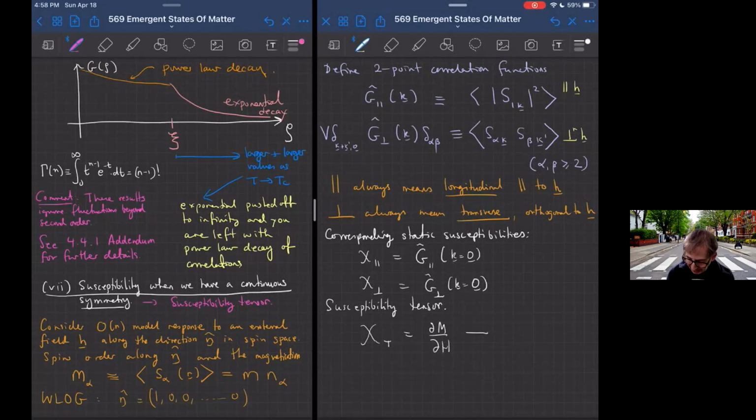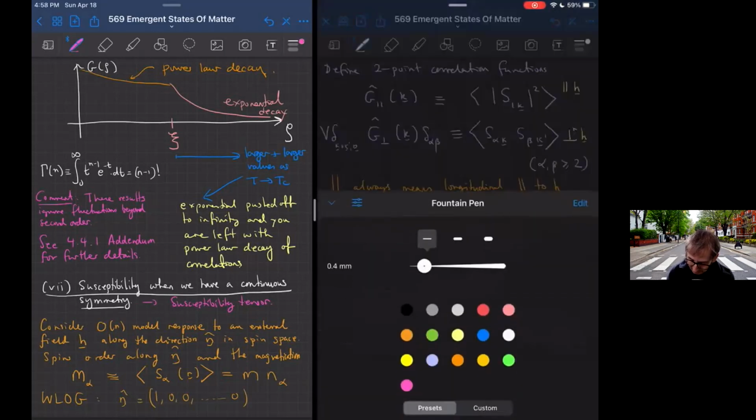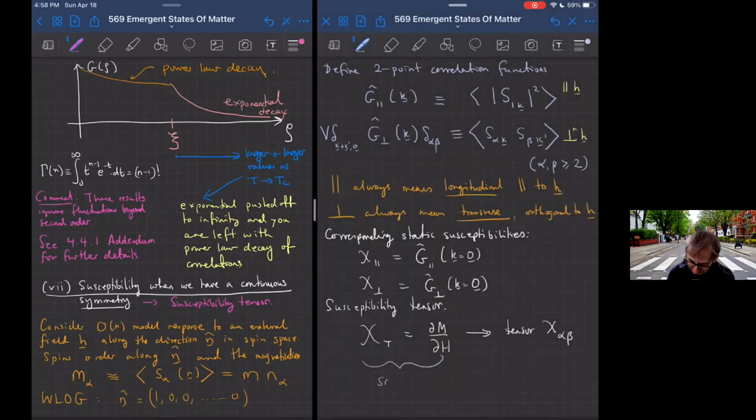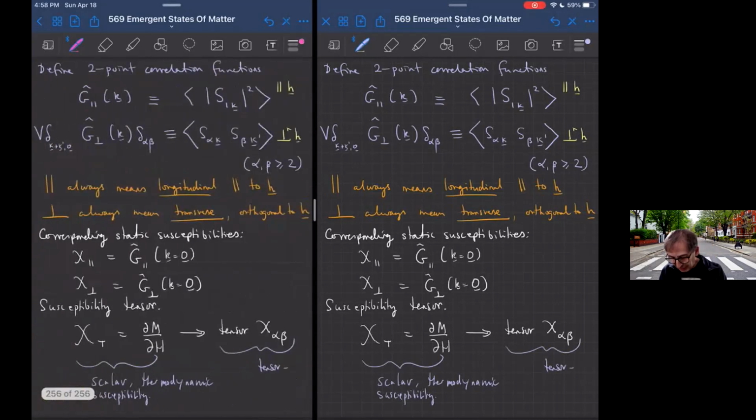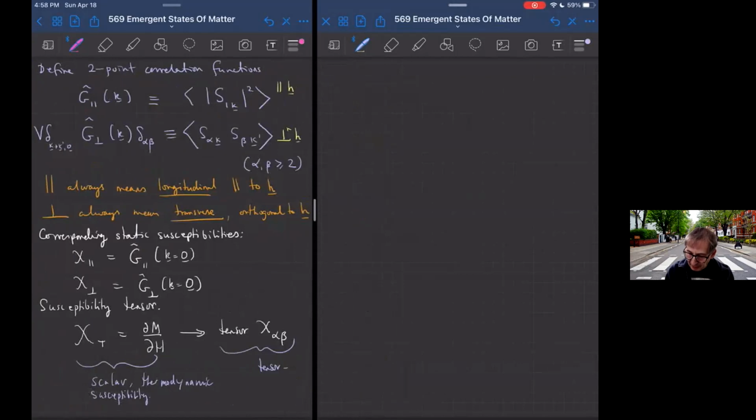So this thing is now going to go to a tensor, which I'm going to call chi alpha beta. So this is the case for a scalar. This is just the usual thermodynamic susceptibility. And now this is going to be generalized to a susceptibility tensor. Okay, so this is not to do with the fluctuations. This is just the regular thermodynamics. So let's go ahead and do that.